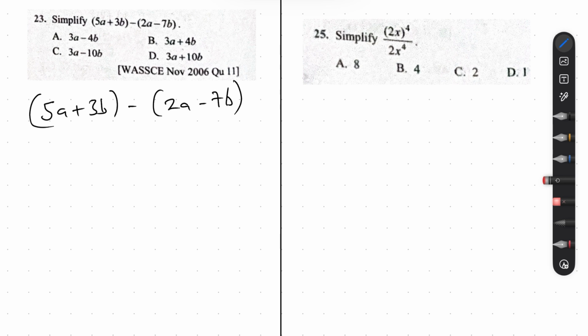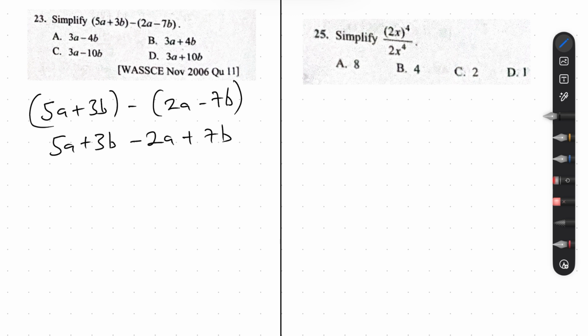So let's write it. You have 5a plus 3b minus 2a, and then this minus affects this minus, so it becomes what? Positive. Negative times negative is positive. So just keep that in mind. Plus 7b.